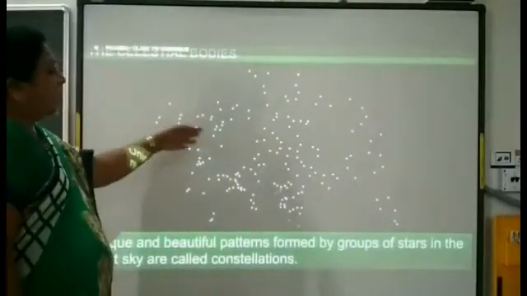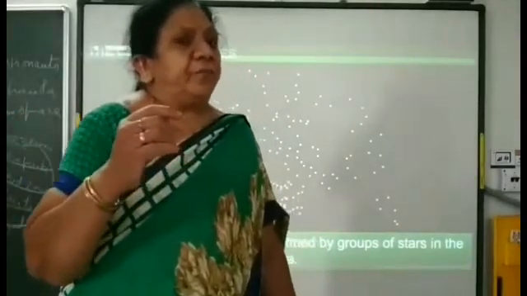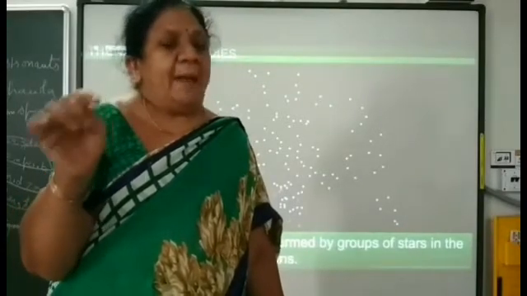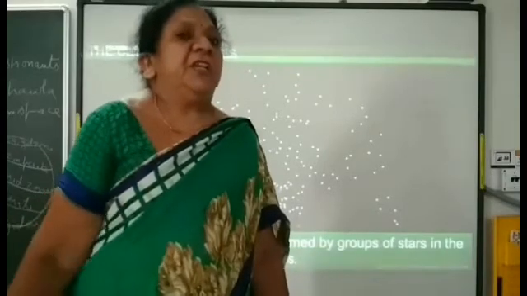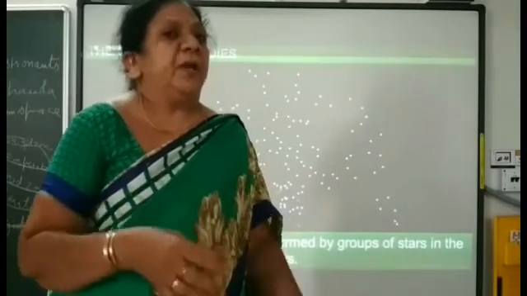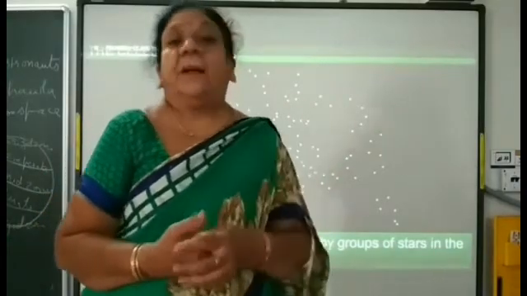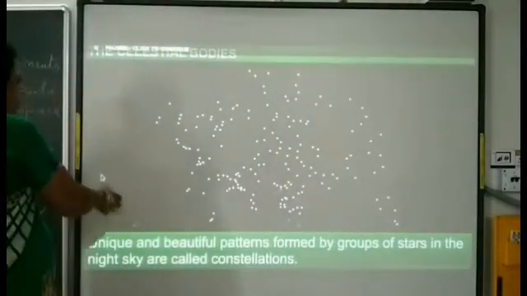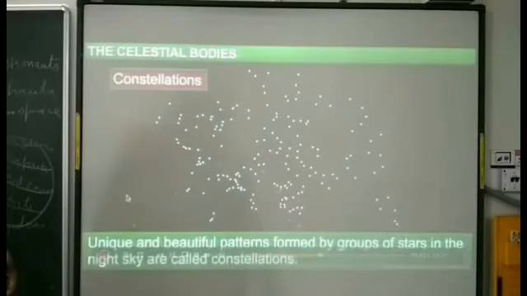There are different shapes formed, some like a W or an M. In GK also, you can study about these constellations of stars, and these stars' names are kept from the rishis. These patterns were given a common name, constellations.